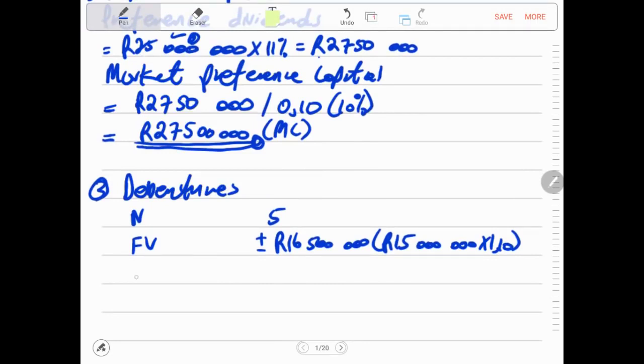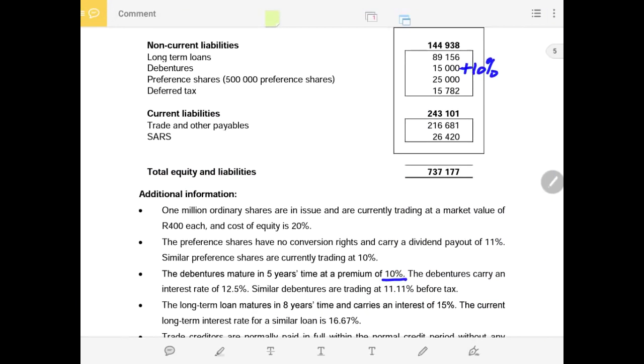Then we also need to know how much the company will pay every year, the PMT, plus or minus. Remember, your future value and your PMT go together. If your future value is plus or minus, your PMT must also be plus or minus.